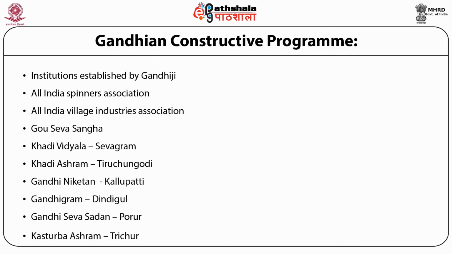These are a few to name here. There are a good number of other institutions that were established by Gandhiji, through which he wanted to realize the dream of self-sufficiency of Indian villages.